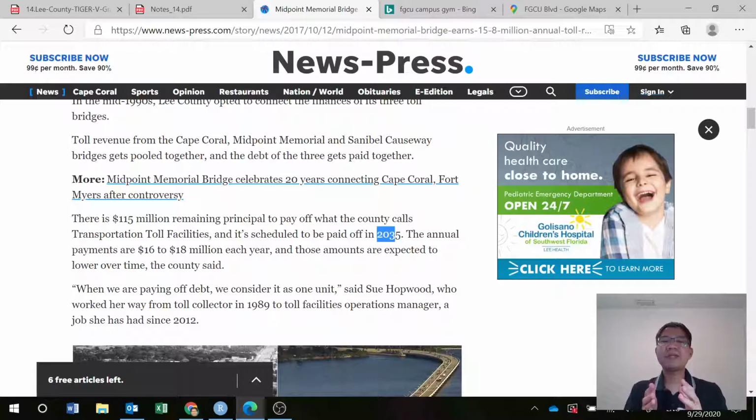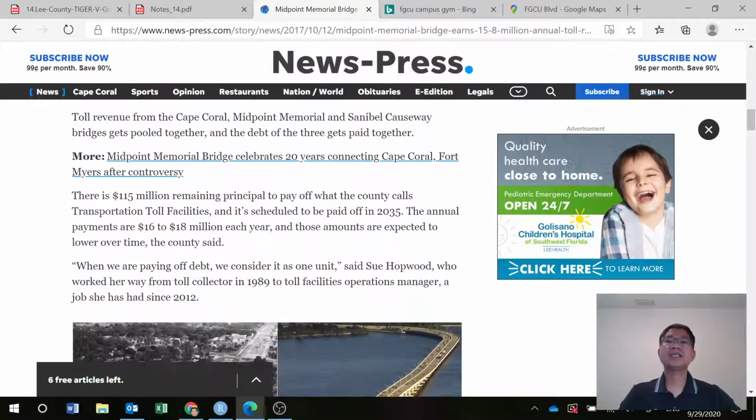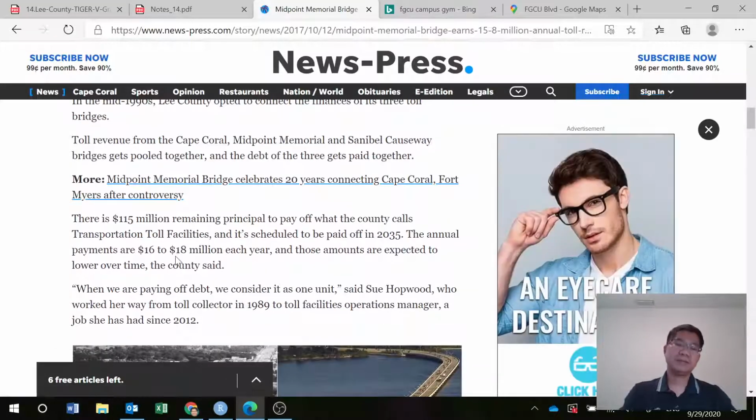So what does that mean? It means that 2035 is about 18 years from 2017, when the article came out. So 18 years is basically the payback period to return this 115 million with the annual payment that we receive from the toll, which you can see here is 16 to 18 million.